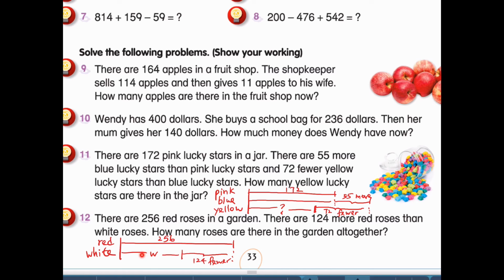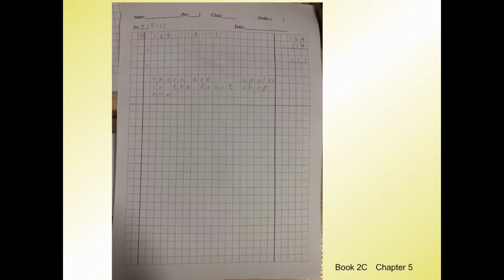The number of white roses will be 256 minus 124. And in order to find the total number of roses, we also need to add back the number of red roses, which is 256. And I've worked out question number 9 for you on the Math AB paper. And remember to underline the answer in the sentence.